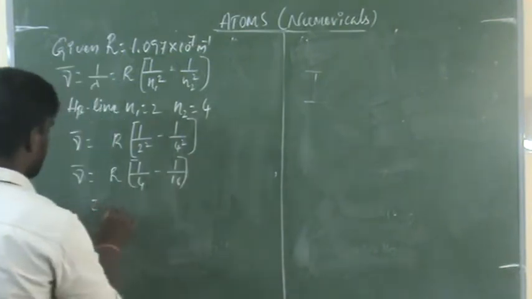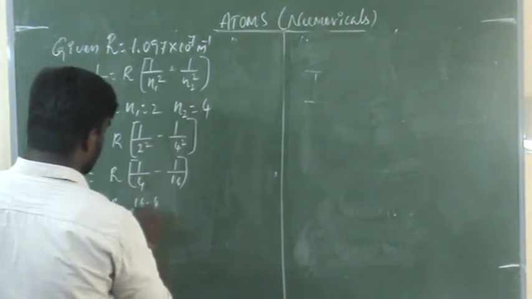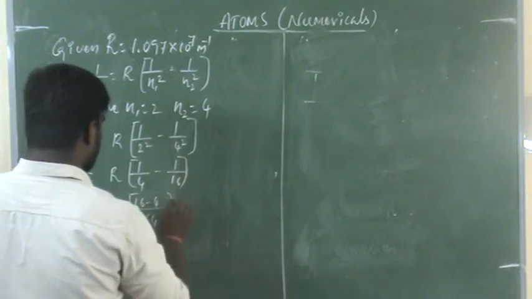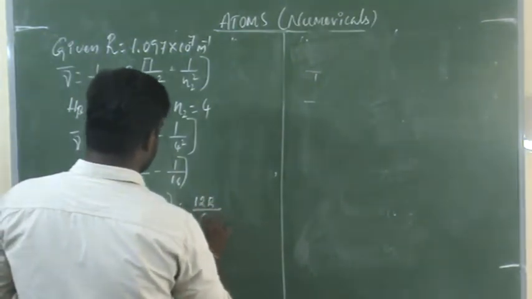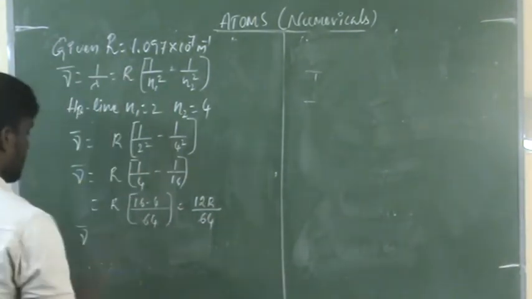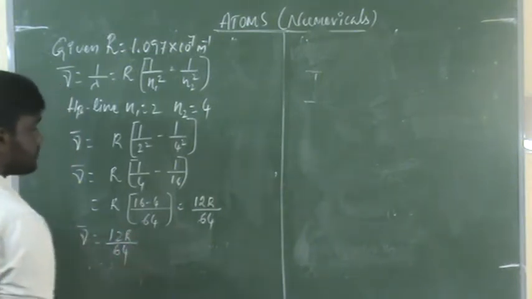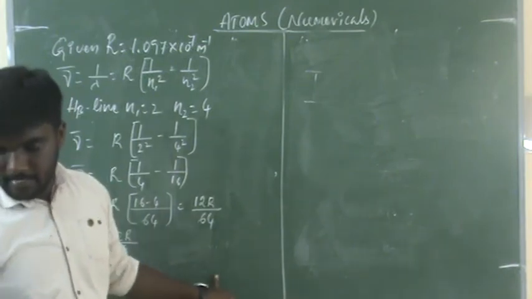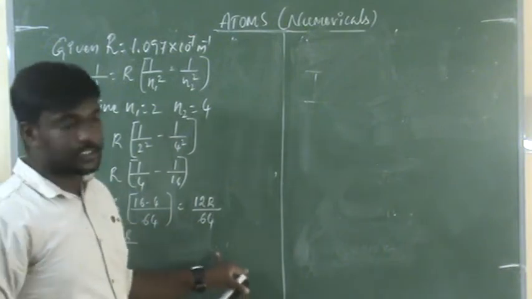So that is R times (16 minus 4) divided by 64, so that is 12R by 64. So nu bar is equal to 12R by 64.